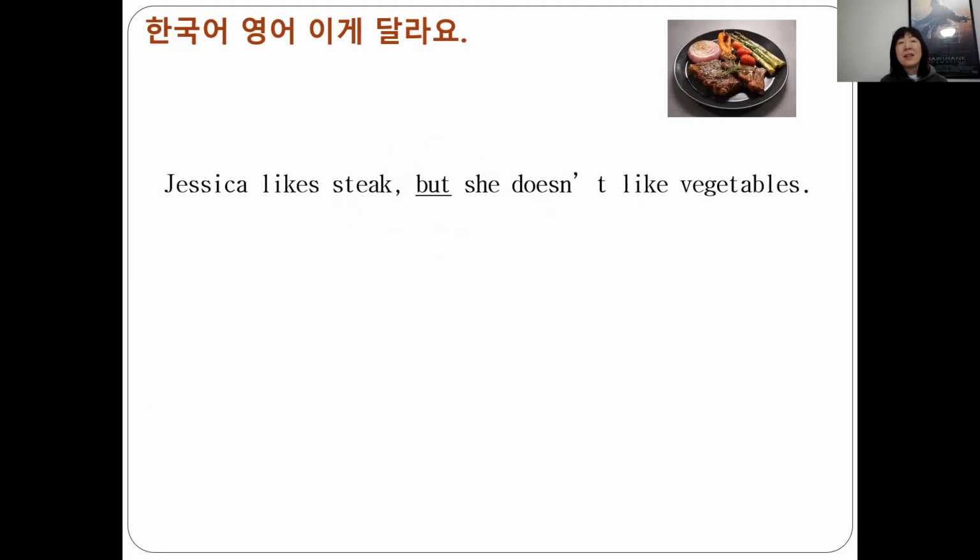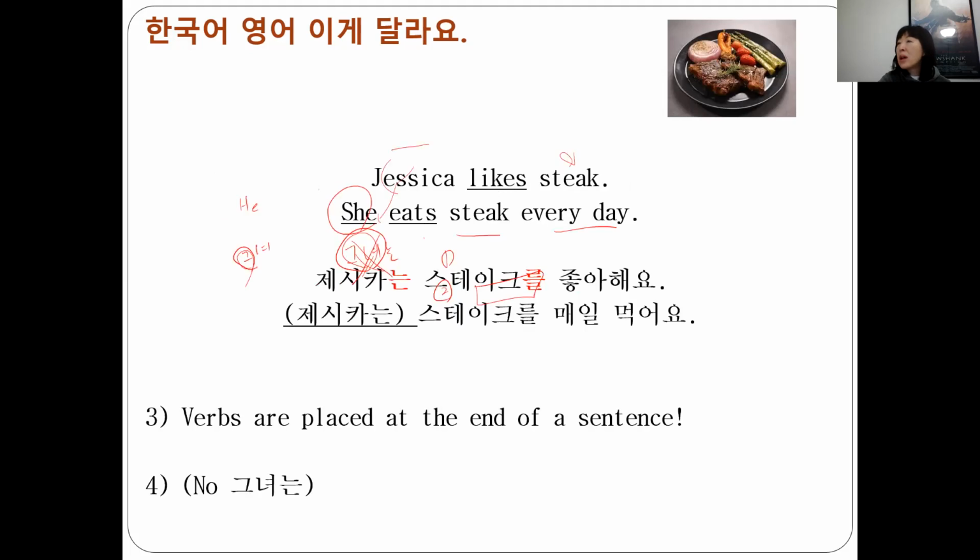자, next. Oh, and then I want to say one more thing, right? You should know that in English, verbs usually are placed after the subject. However, in Korean, verbs are placed at the end of the sentence. In Korean, verbs and predicates, adjectives are always placed at the end of the sentence.